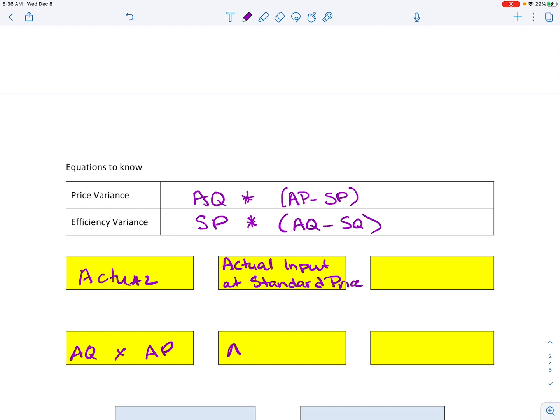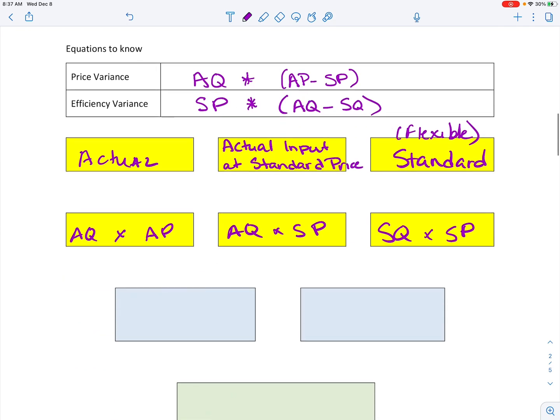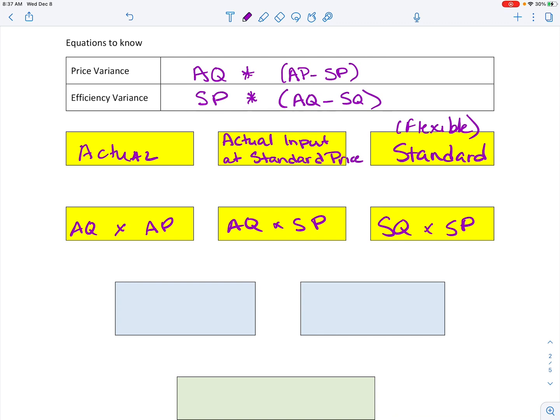This is actual quantity times standard price. And finally, I'm going to look at that standard. This is where that flexible budget's coming from, where I take my standard quantity times my standard price.